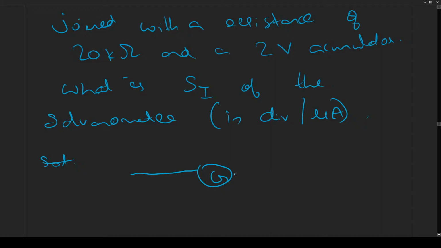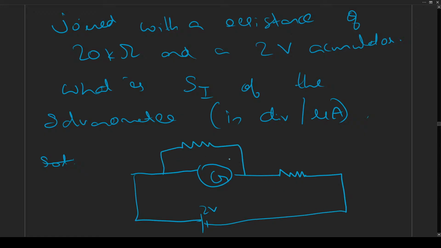There is the galvanometer, a 20 kilo ohm resistance, a 2-volt battery, a 5 ohm resistance, and the 95 ohm galvanometer, with current flowing in this direction.